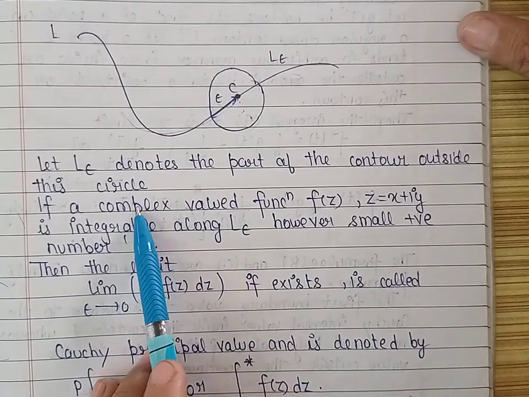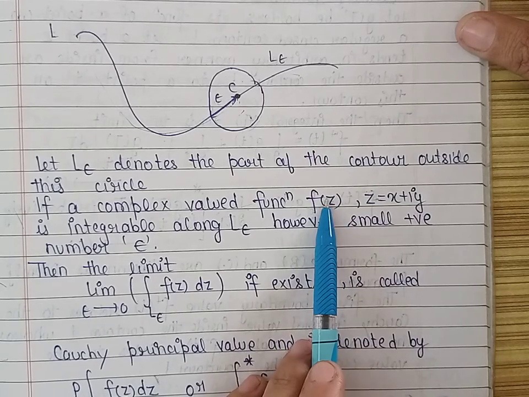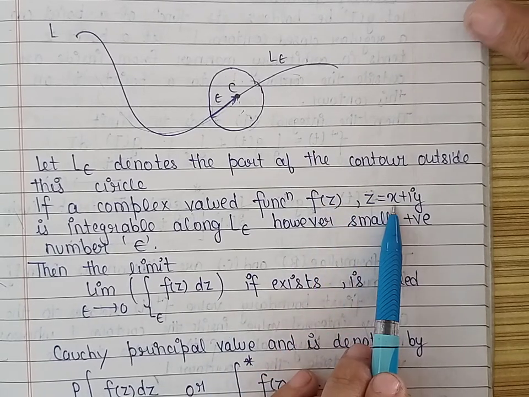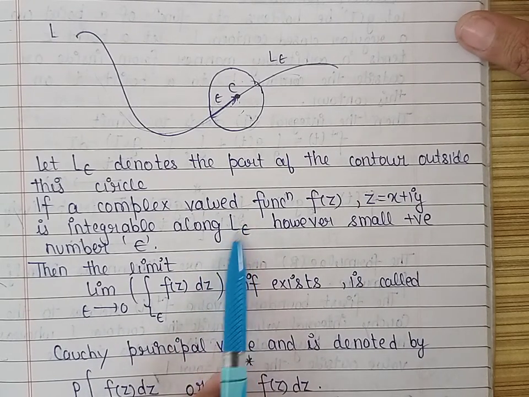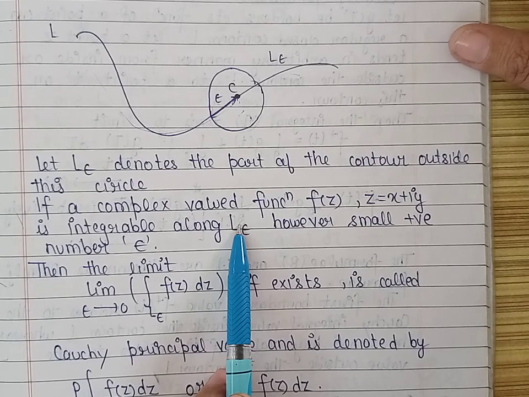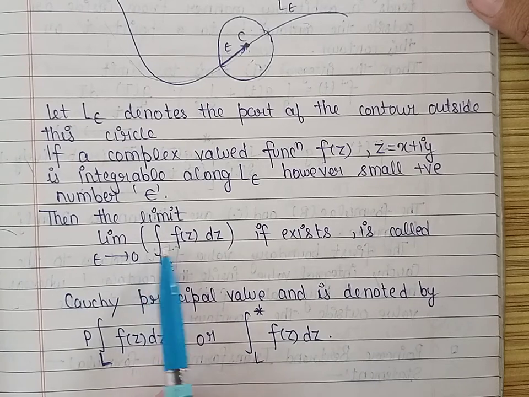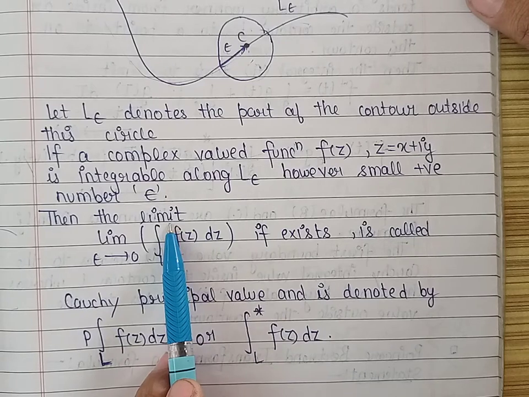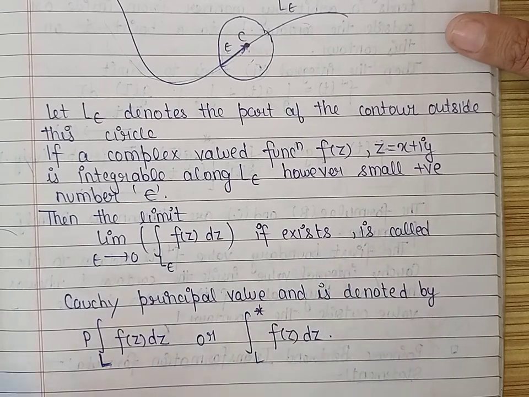Then for a complex valued function f, which is a function of z, a complex number of the form x plus iota y, if the function is integrable along this curve L epsilon, where epsilon is a small positive number, then the limit as epsilon approaches 0 of the integral of this function f over this contour, if it exists, is called the Cauchy principal value for the contour integrals.